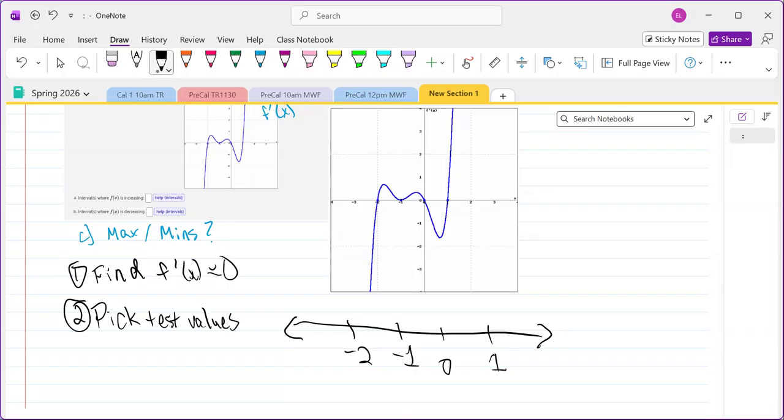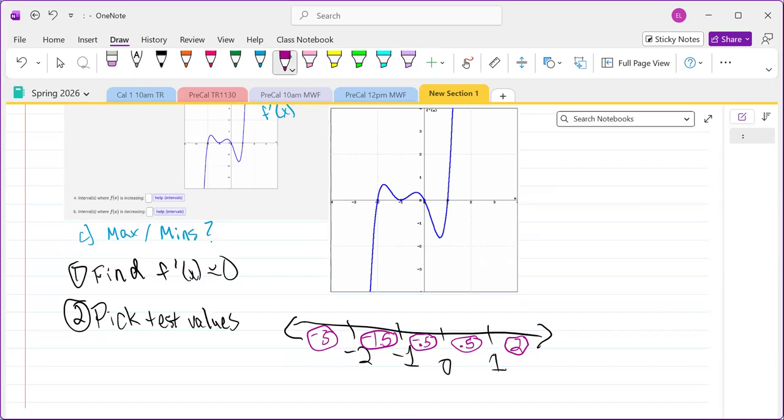Normally we're dealing with a function, so we look at our number line and I could pick -3, and then -1.5, and then -0.5, +0.5, and then I could go with 2.